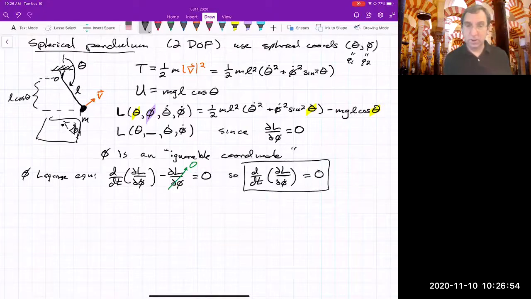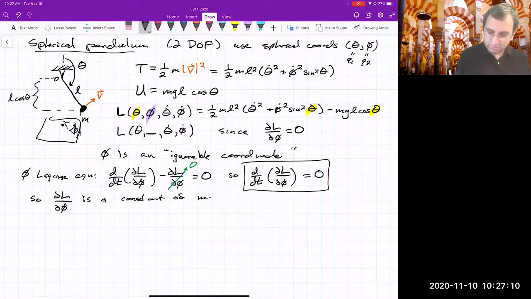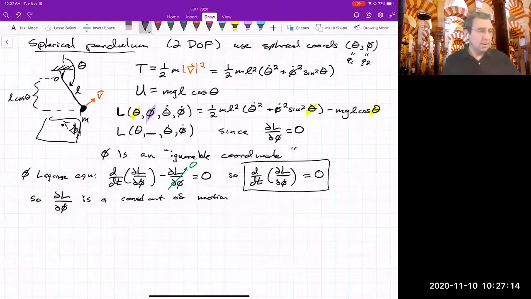That means that partial L partial phi dot is a constant of motion. And you may go, huh, that's interesting. What is partial L partial phi dot?